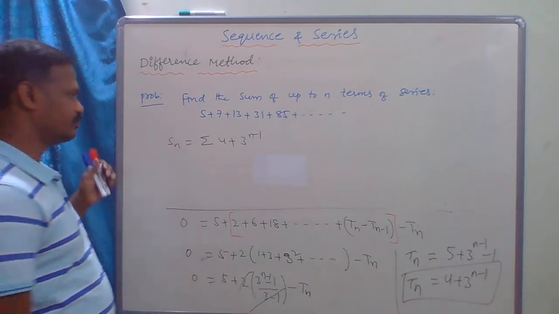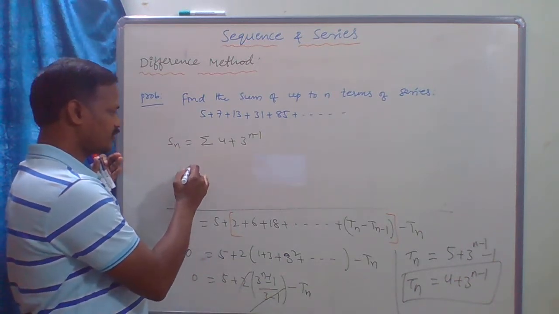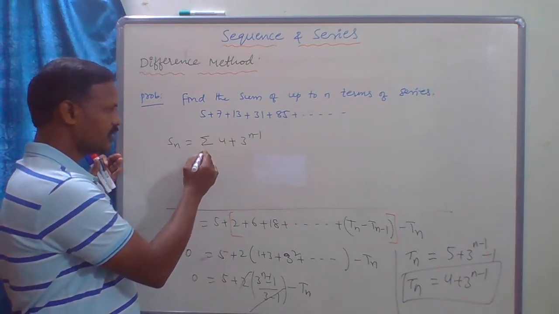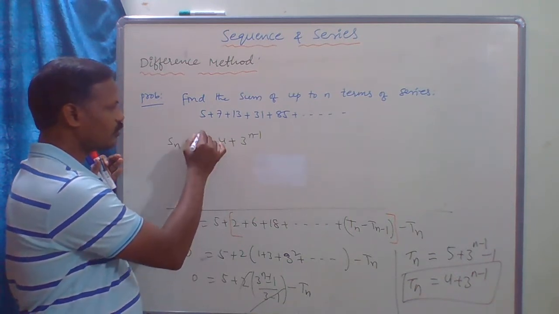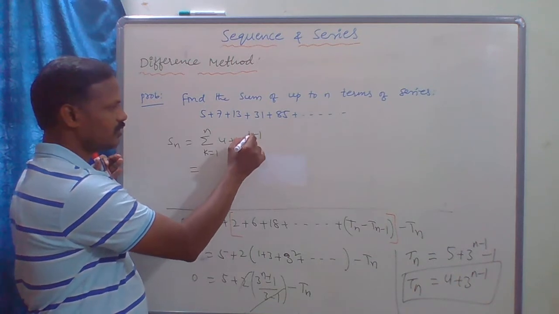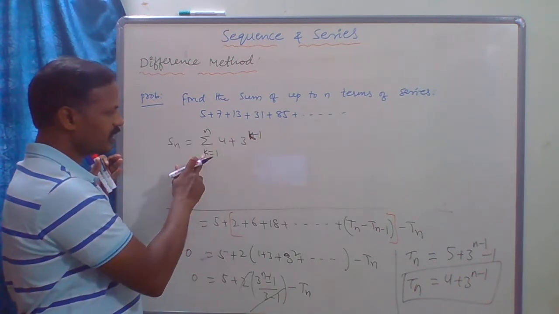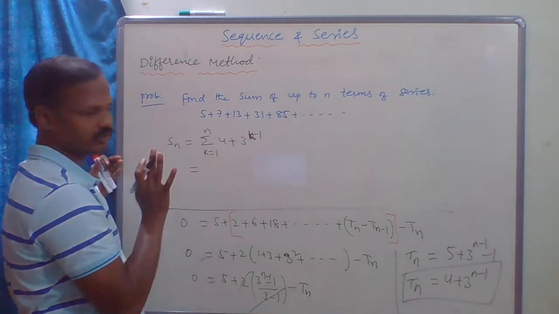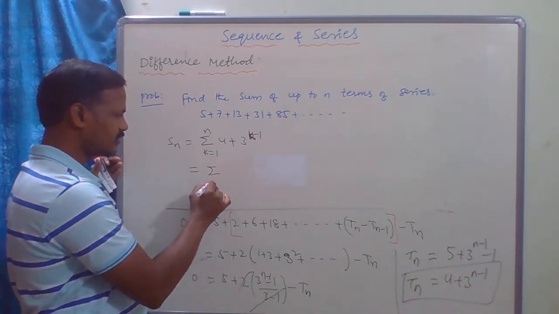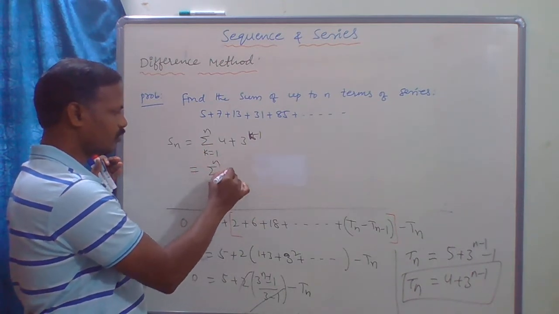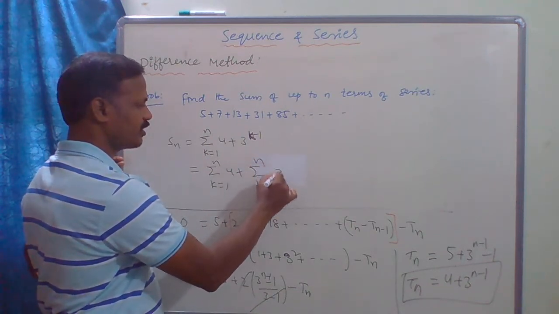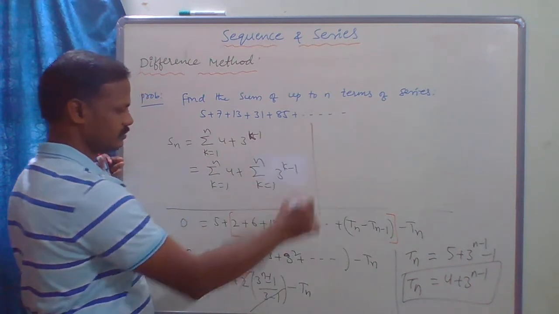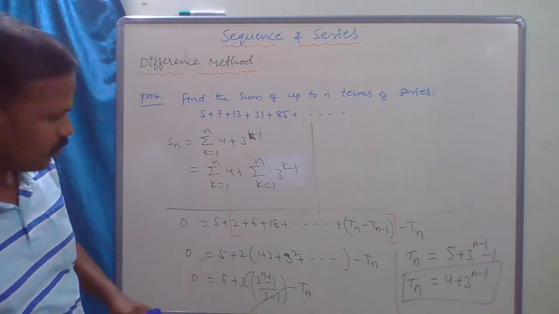Now in general this is sum k equal to 1 to n. So here we have to write k minus 1, k running from 1 to n. So 3 power k minus 1. Clear? So this is summation k equal to 1 to n 4 plus summation k equal to 1 to n 3 power k minus 1. Yes?